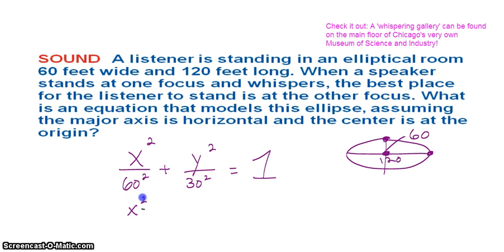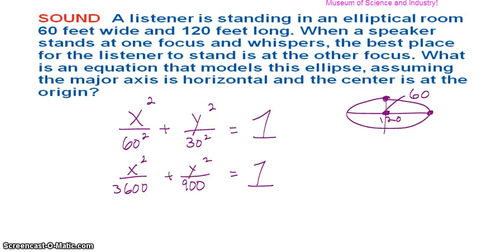So I've got x squared, y squared. 60 squared gets me 3,600. 30 squared gives me 900. And that equation would model this room.